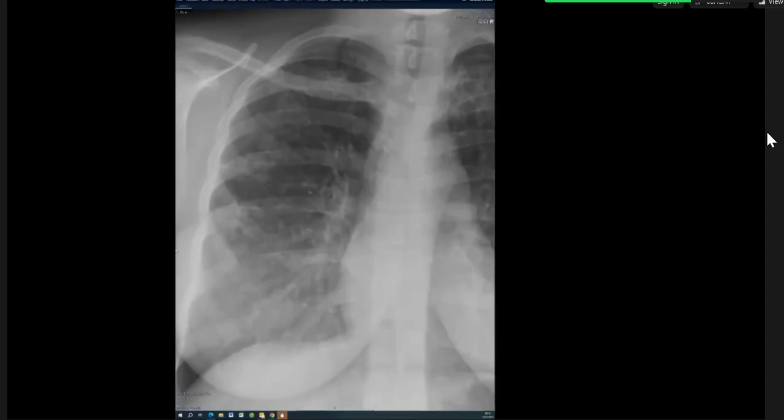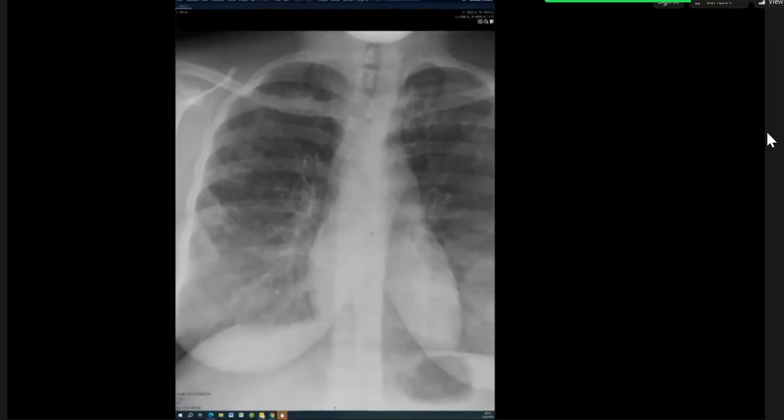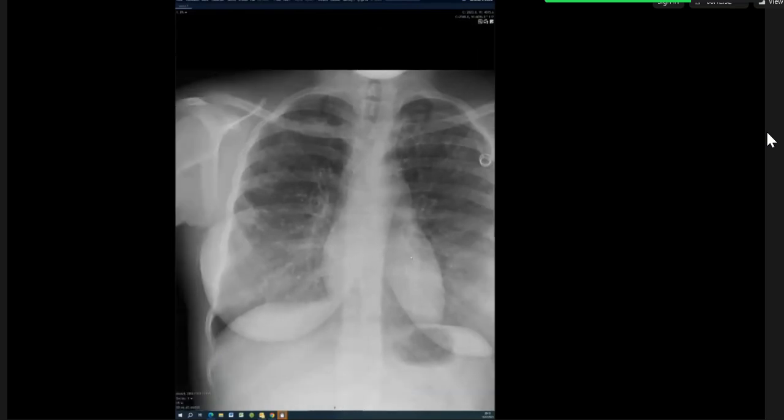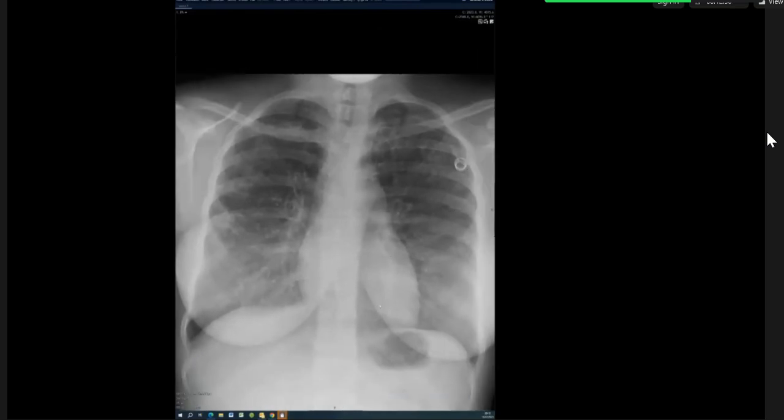I'm also looking at the lungs to see if there's any further opacities, and I suspect that there may be an opacity in the right lower zone, just behind one of the lower ribs. Looking at the left lung, there's no further changes. There's no hilar lymphadenopathy, no pleural effusions, and no bony abnormalities that I can appreciate.